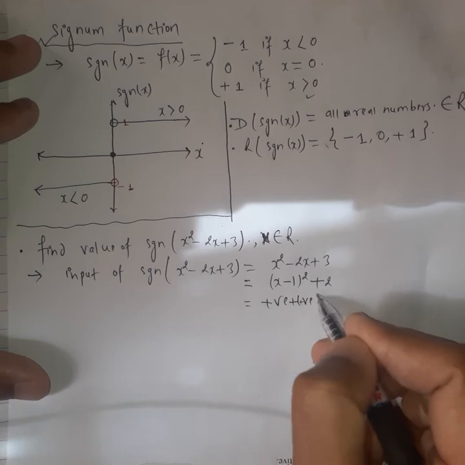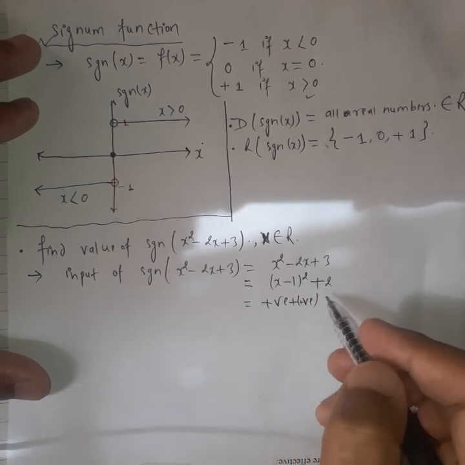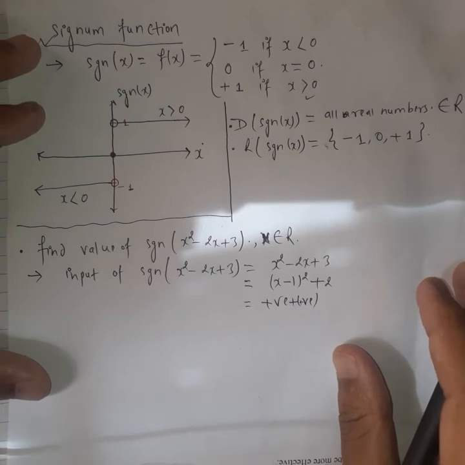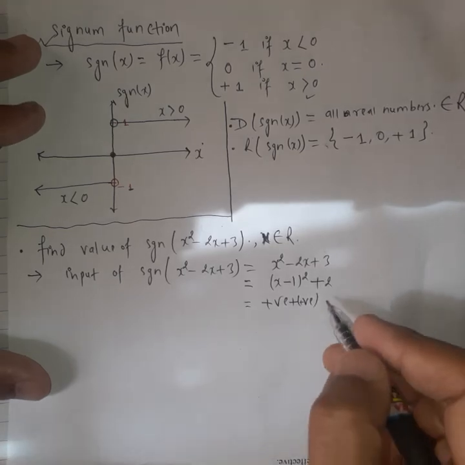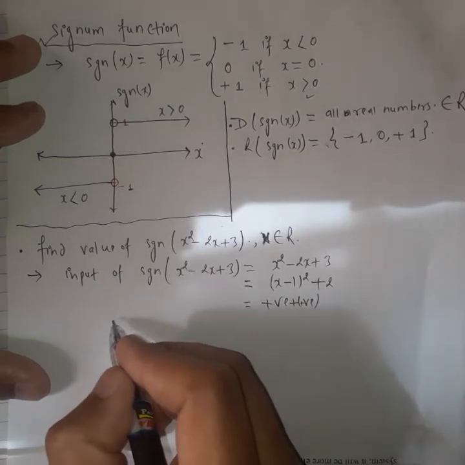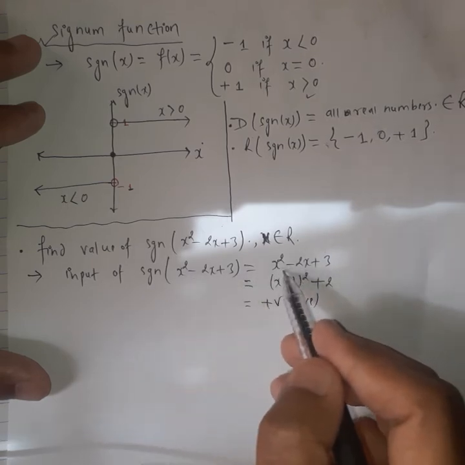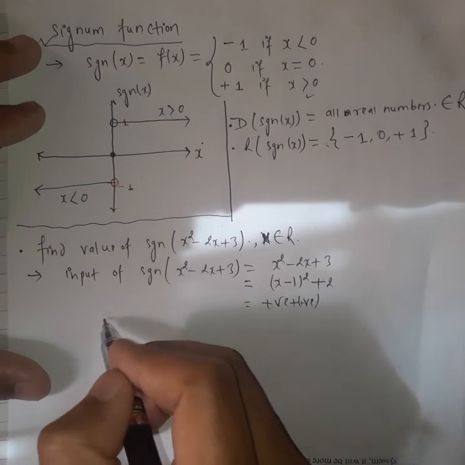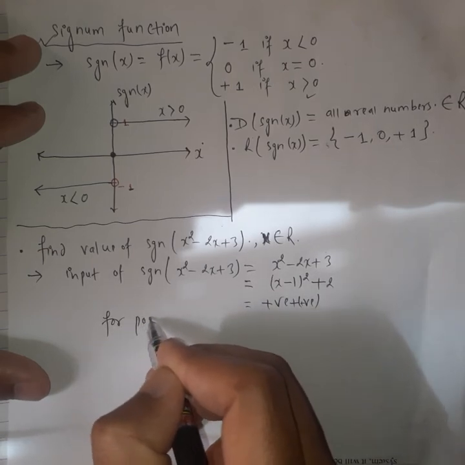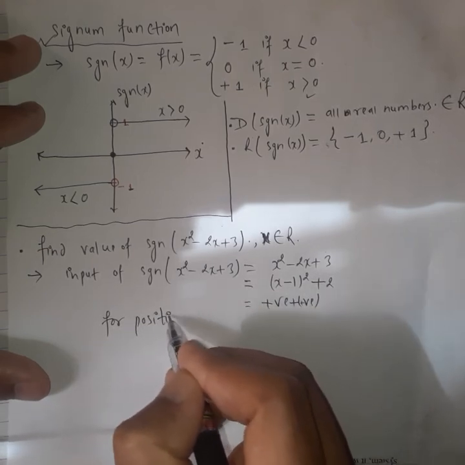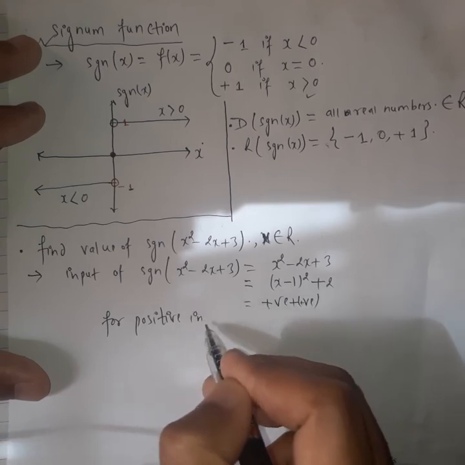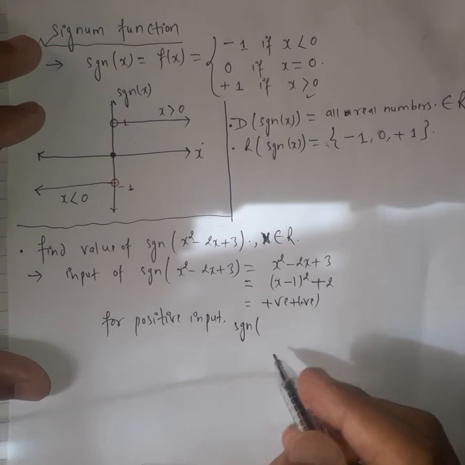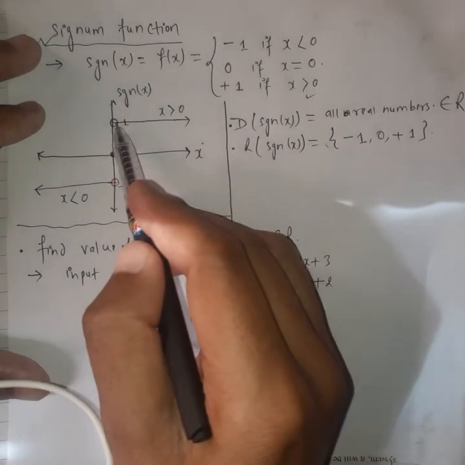The sum of positive numbers is always positive. So the input is positive, and for a positive input, the value of the signum function will always be 1.